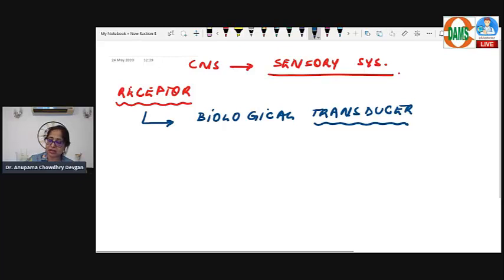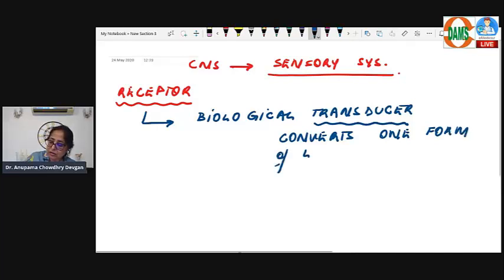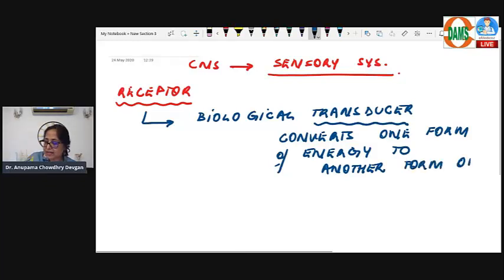So what is a transducer? A transducer converts one form of energy to another form of energy. And so receptors are nothing but biological transducers.